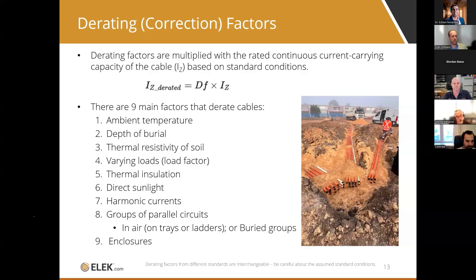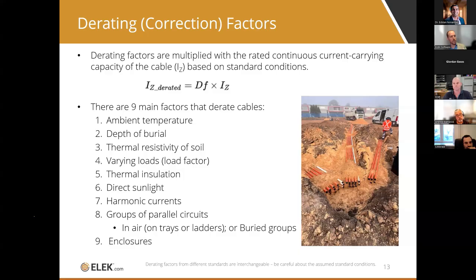Well, then you can use the derating factor tables to find a derating factor which is greater than 1, which you can multiply by the current rating in the tables to increase the current capacity of your cables. An important tip also is that you can use derating factor tables from different standards.